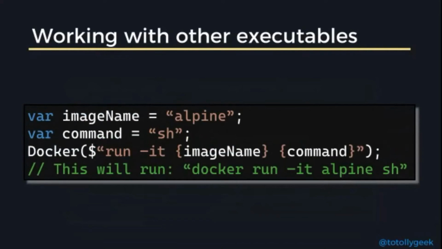If I don't have already prepared this fluent syntax building of the command line ready for me, I can just build it with some string interpolation. I can just say, okay, I want to call Docker, and these are the things that I want to pass, and this will run docker run -it alpine sh, and that's it. It just works.